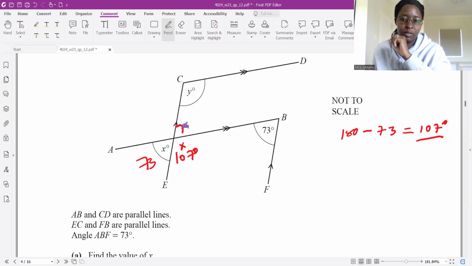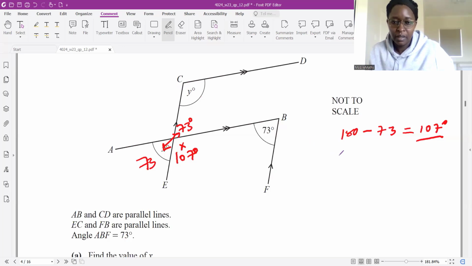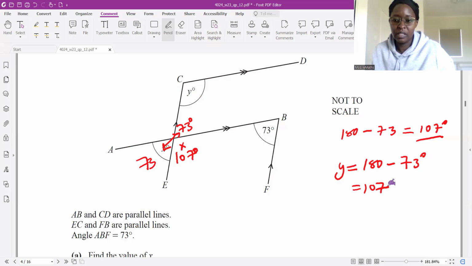So this is also 73. I can say these are opposite angles, right? So they are equal. You can get Y using a U angle, and say y is equal to 180 minus 73 degrees, which is going to give us 107 degrees as well.